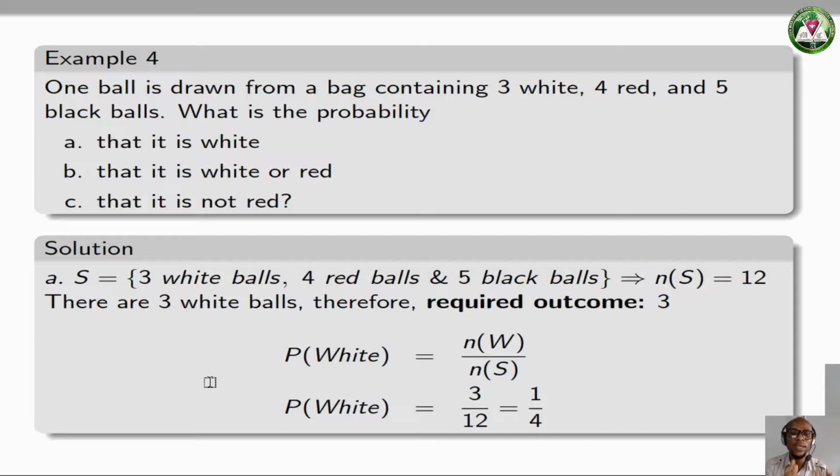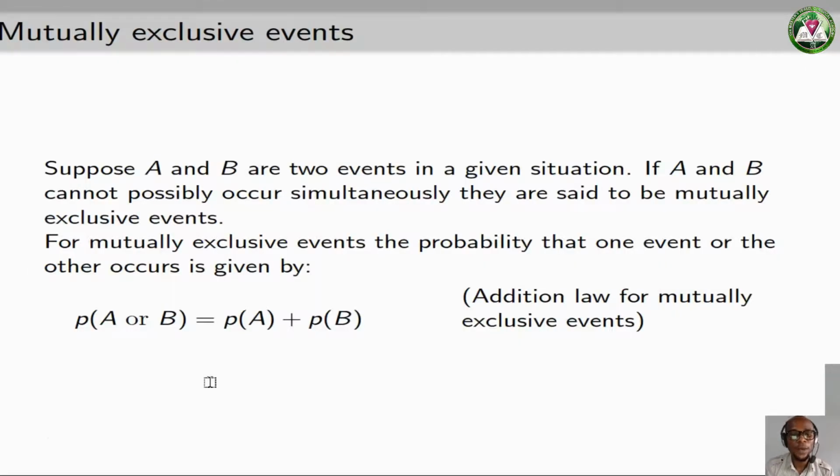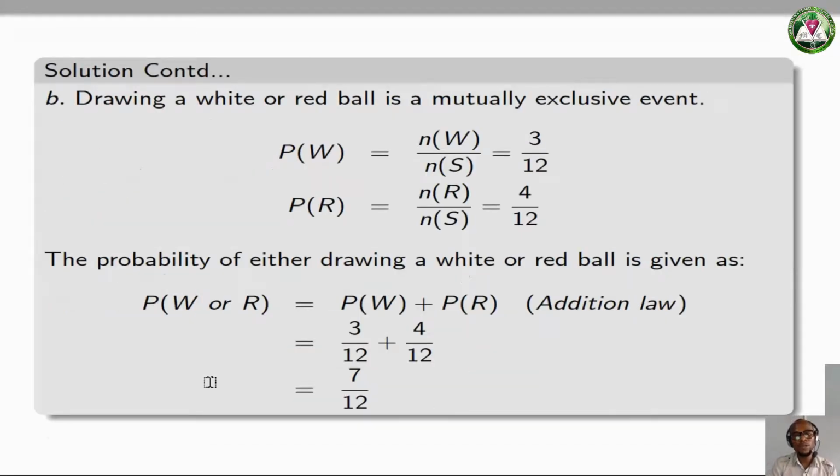So it's either the individual is picking a white ball or a red ball. From our formula, P of A or B equals P of A plus P of B. So first of all, we have to get the probability of picking a white ball, and then the probability of picking a red ball before combining such probabilities using the addition law.